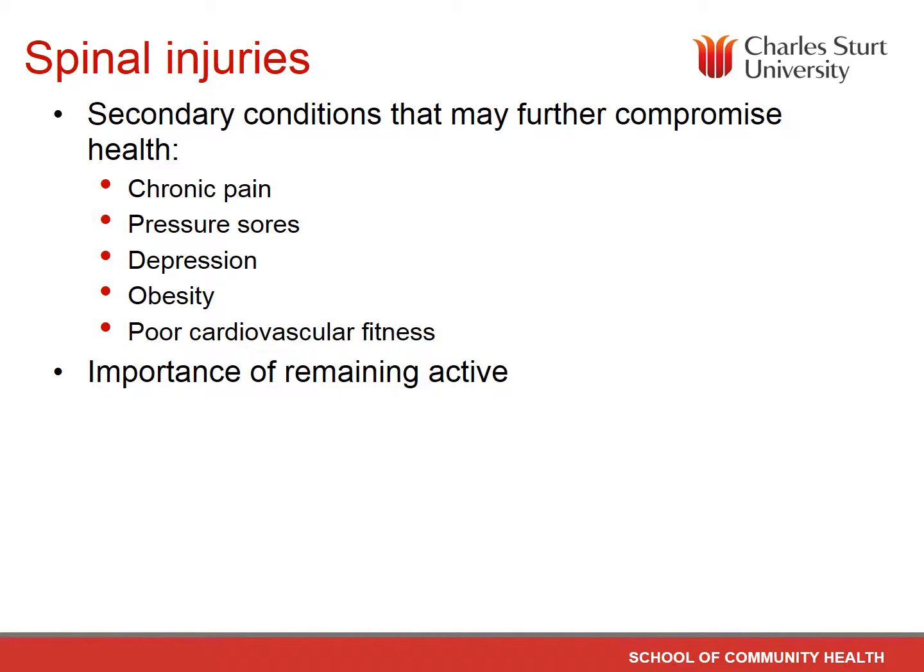Now, all of these can be improved if you can perform some kind of level of activity. It depends on the level of the spinal cord, how much activity can actually be performed. But there is a really real importance in remaining active following a spinal injury.